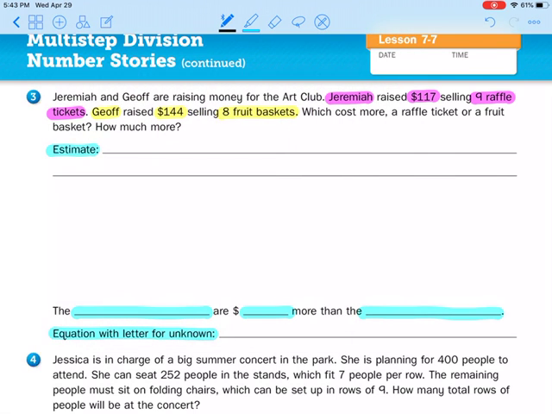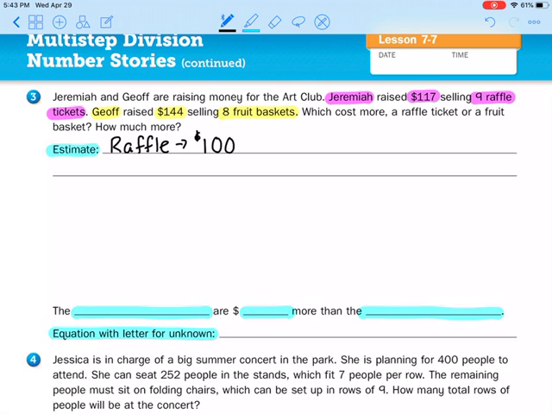So let's do the raffle tickets. I'm going to put raffle for raffle tickets. So it says Jeremiah raised about $117, which is close to 100, so I'm going to keep it as 100.